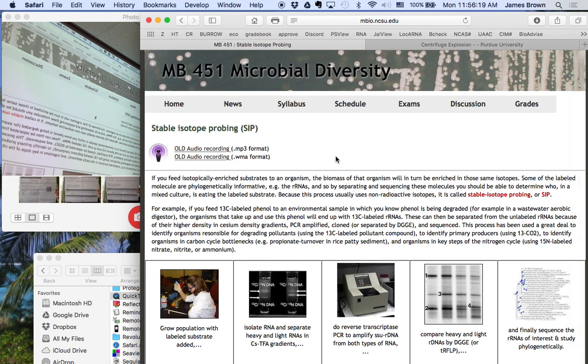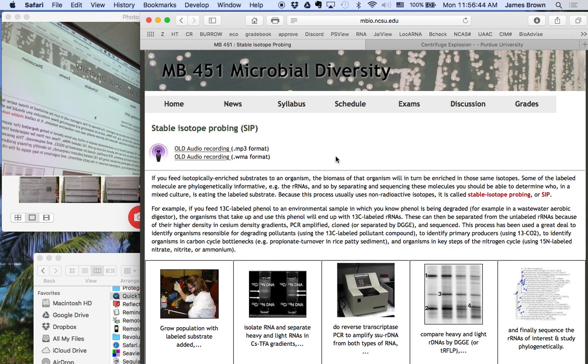And that means that if you feed E. coli the C13 glucose, you can label all the carbon in the cell and have it heavy isotope labeled. This is how the Hershey and Chase experiment worked years ago, where they found out how semi-conservative replication worked in DNA, right? You guys learned that experiment long, long ago, I hope. Well, we're going to use stable isotope probing here.